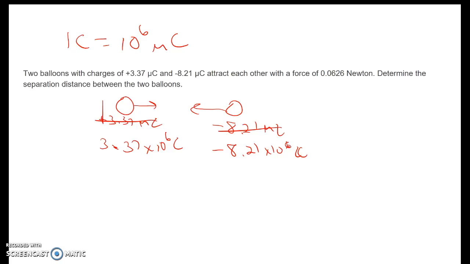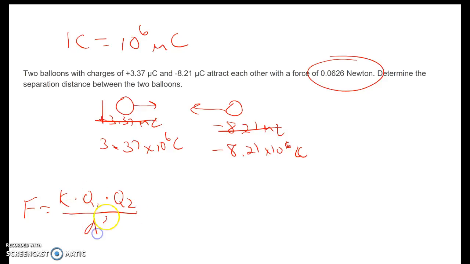Our distance we don't know, but we know our force. So let's look at our problem here. Force is equal to K times Q1 times Q2 over distance squared. I'm going to solve for distance. There are a lot of ways to do that; we'll just punch numbers into our equation. We know our force is 0.0626.